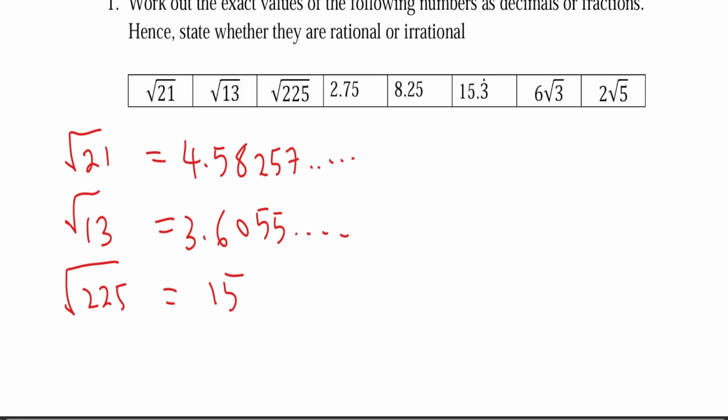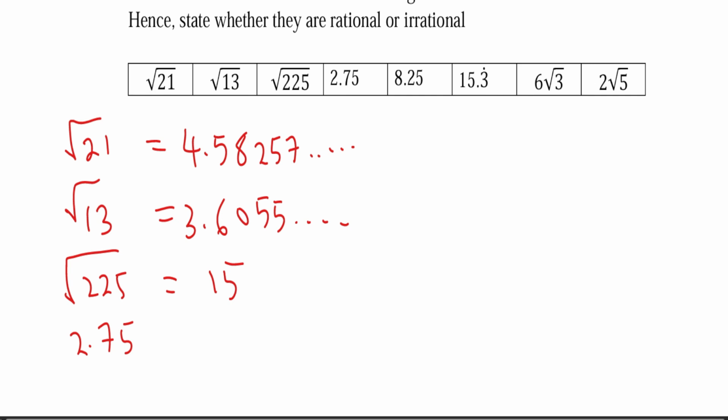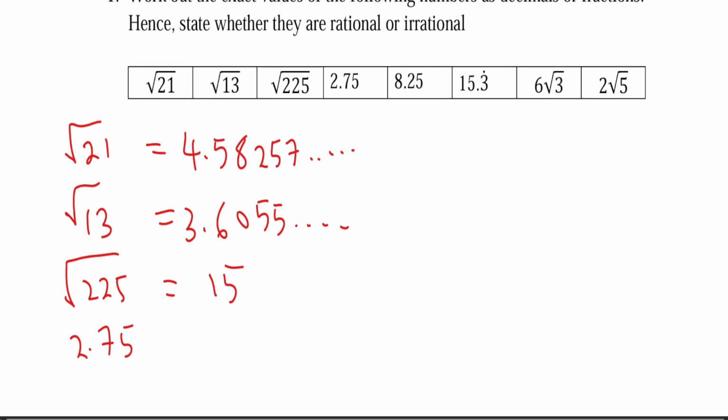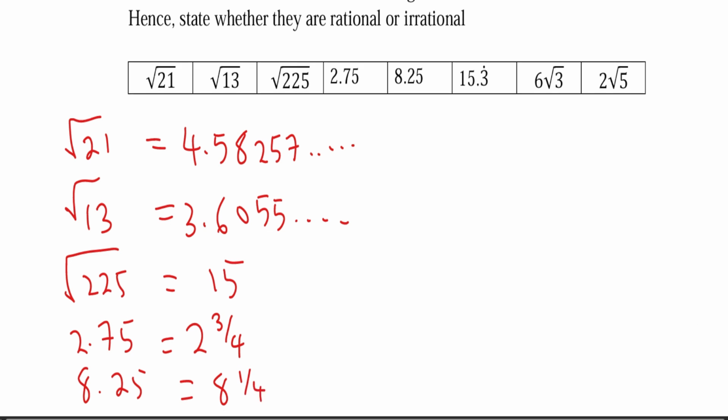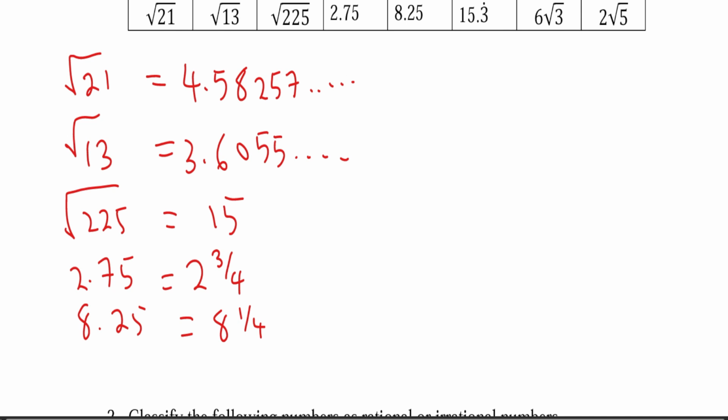Then we have 2.75. That's the exact value, and you've been told decimals or fractions. 2.75, you can write it as 2 3/4 as a fraction. 8.25, you can write it as 8 1/4. And then we have 15.3 recurring, which can be written as 15.333 and continue.